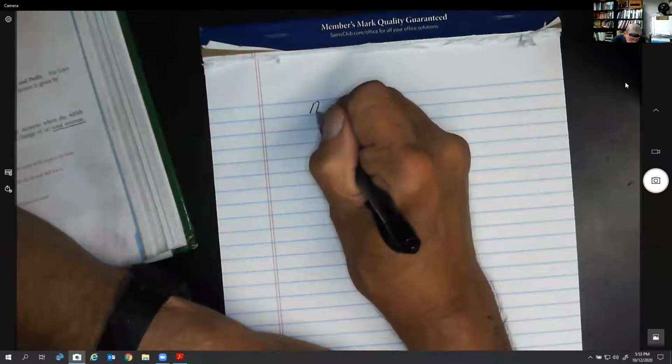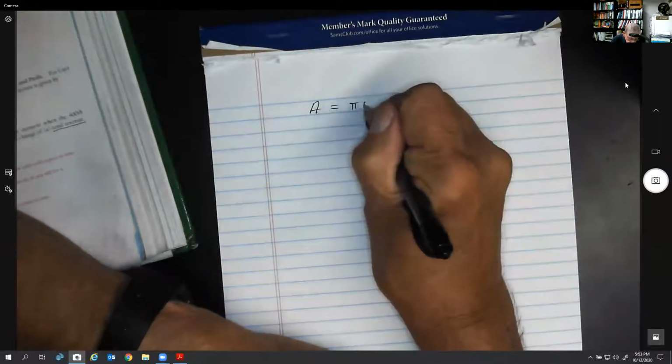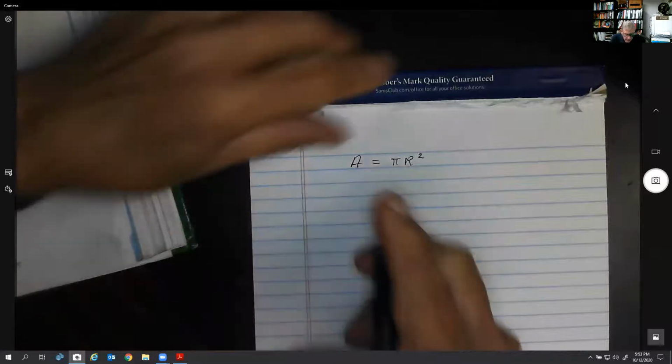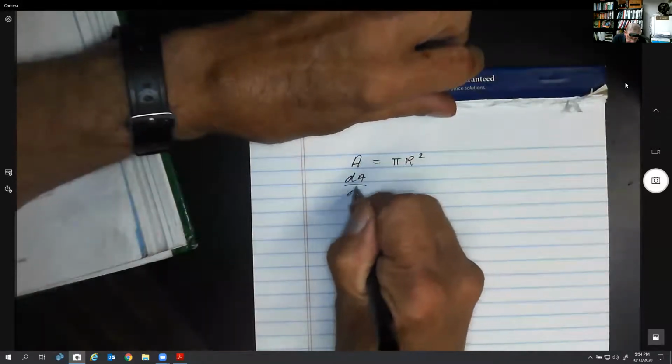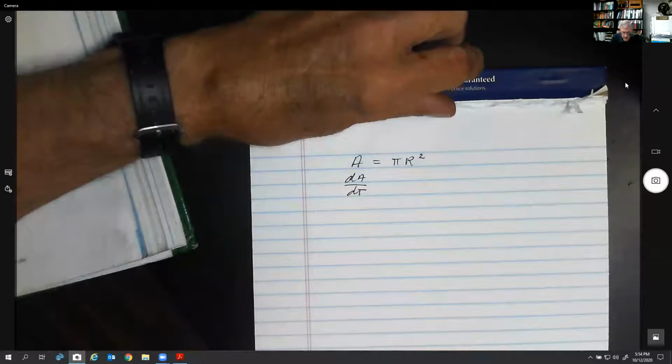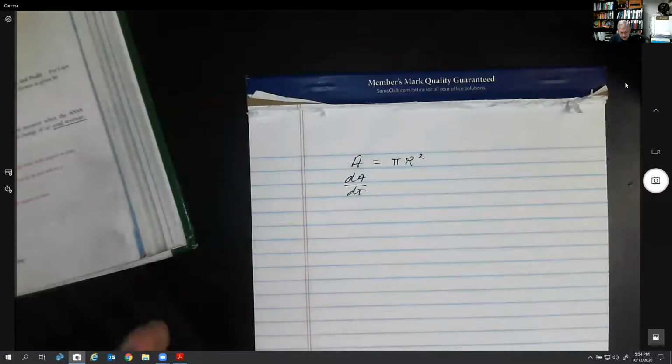What if we had one like this? And we want to solve this in terms of time, change in time. So the derivative of this would be dA over dt. See, it wouldn't be just 1, because we're going to solve in terms of time.